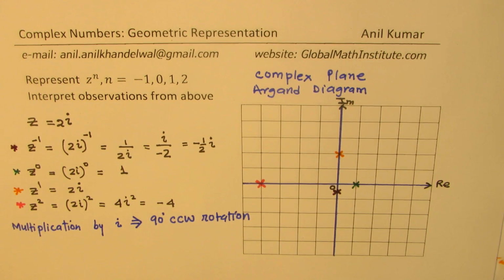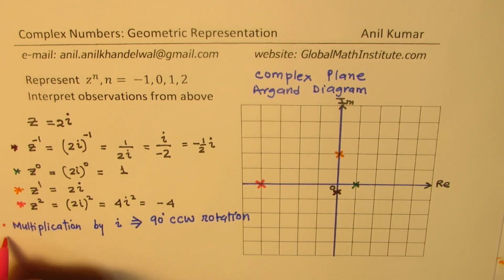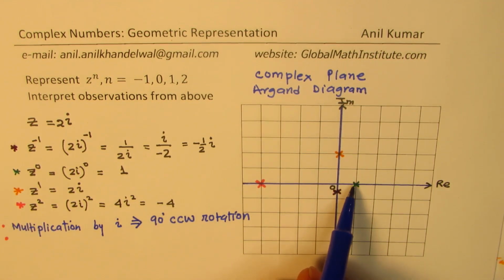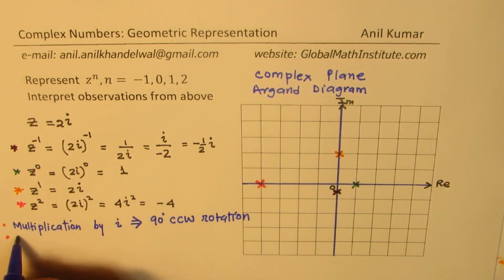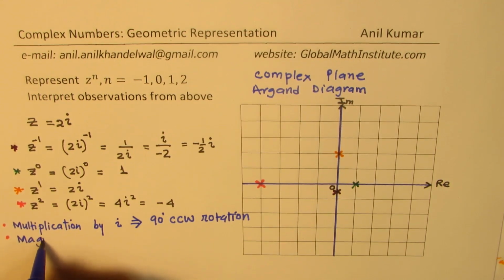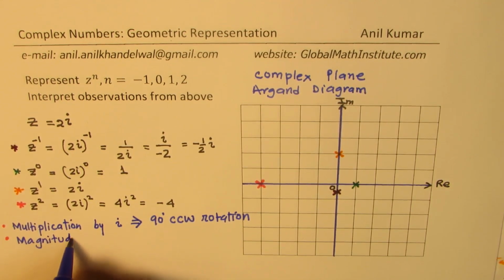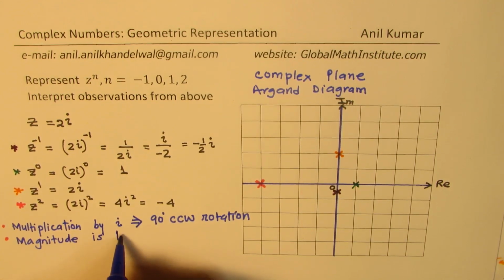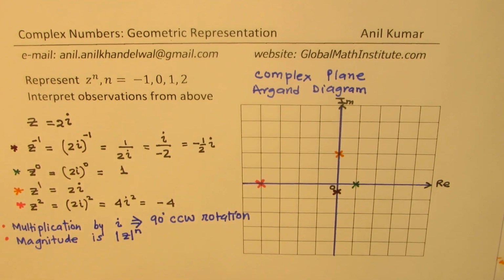So in this case, the second observation is that the magnitude is times 2 each time, right? It's half, times 2, times 2, and times 2. So the magnitude is the magnitude of the original to the power of n, correct? So that is expected. Perfect.